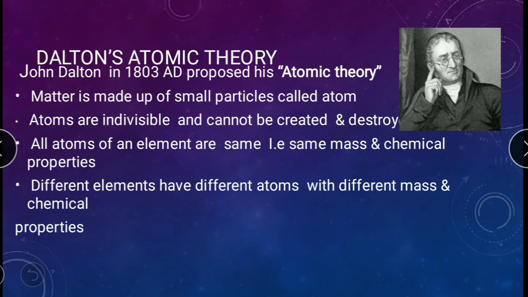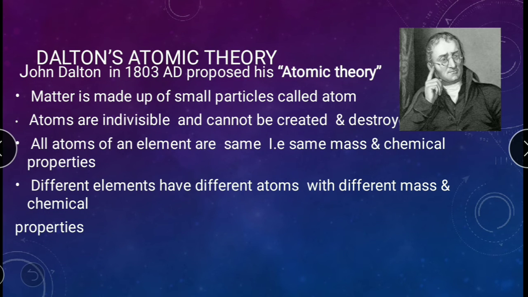According to his theory, matter is made up of small particles called atoms. Atoms are indivisible, that is, we cannot divide or cut atoms, and they cannot be created or destroyed.